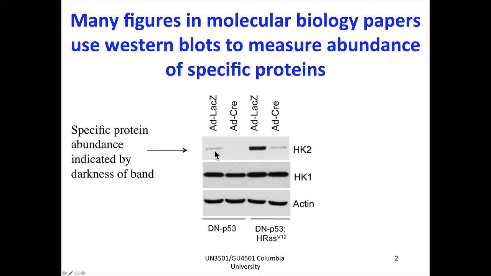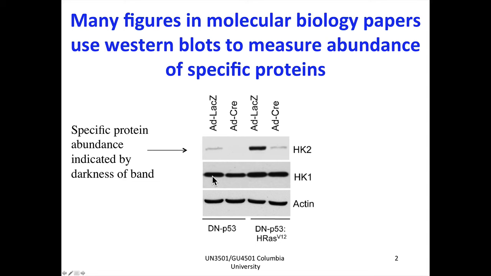So to control for that, to check for that, it's common practice to also, in the same sample, run a parallel analysis where you look for another protein of interest that you do expect to be present, and that ideally is not changing between the different samples.